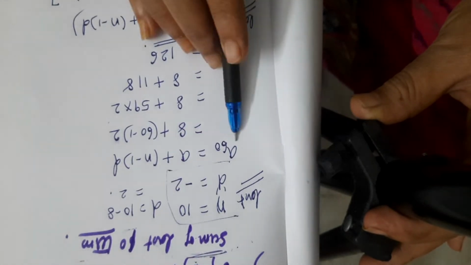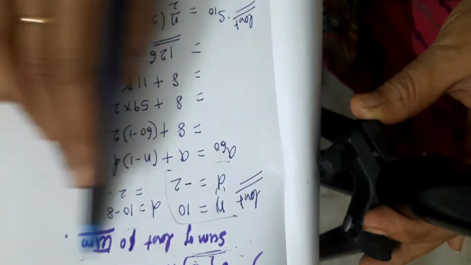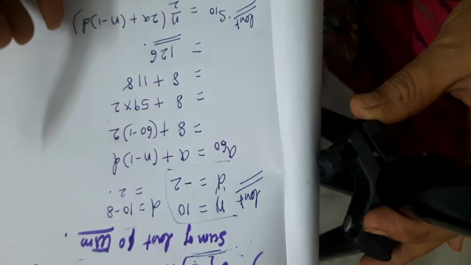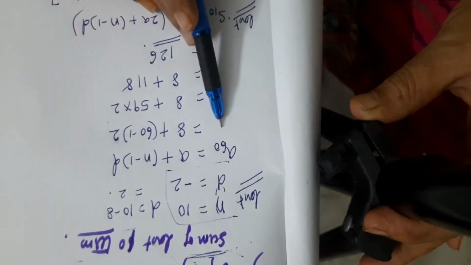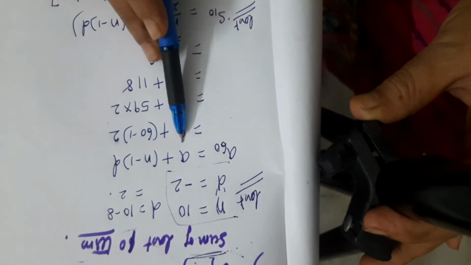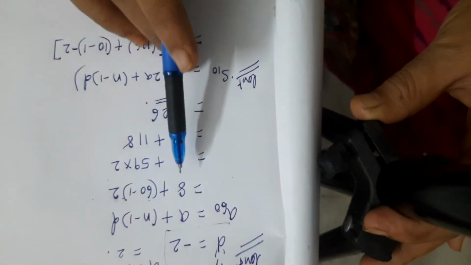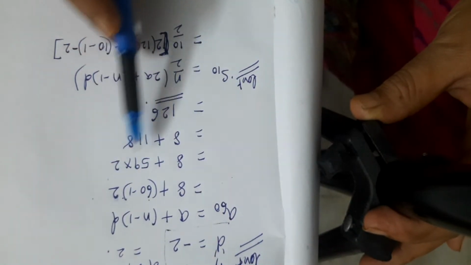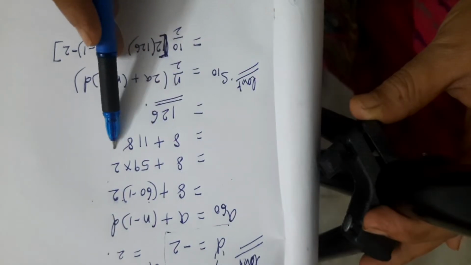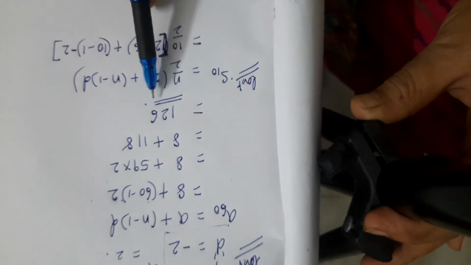First we need A60, as we need the last term. A60 is a plus (n minus 1)d, so A60 is 8 plus (60 minus 1) multiplied by 2, which is 8 plus 59 into 2.